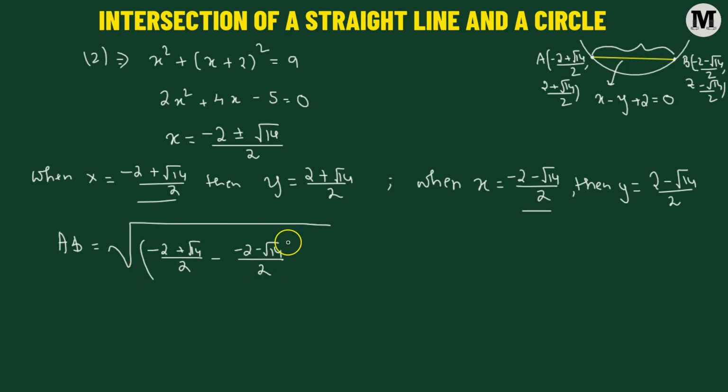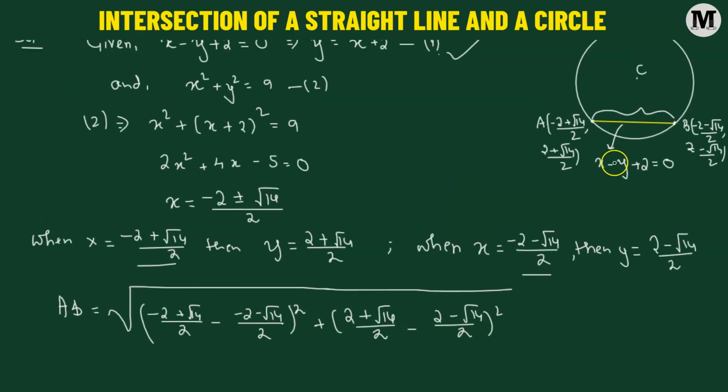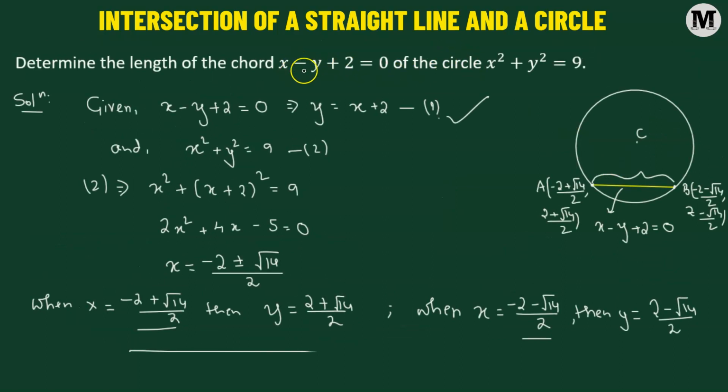We're going to square this result, and add it to the difference of the y coordinates: 2 plus square root of 14 over 2 minus 2 minus square root of 14 over 2, and then square this result as well. When we solve this, we're going to get the value 2 times square root of 7. So this is going to be the length of the chord whose equation is given to us, x minus y plus 2 equals 0.